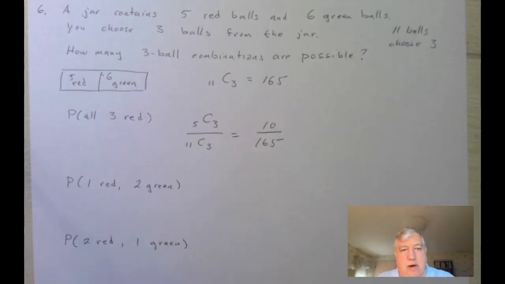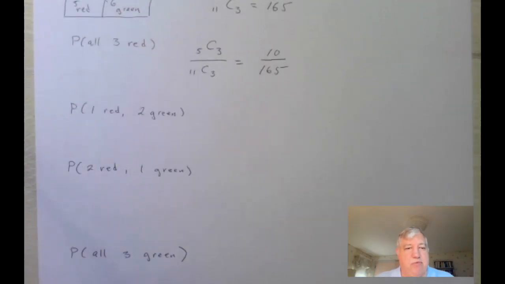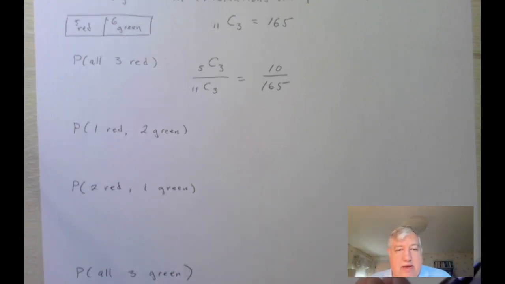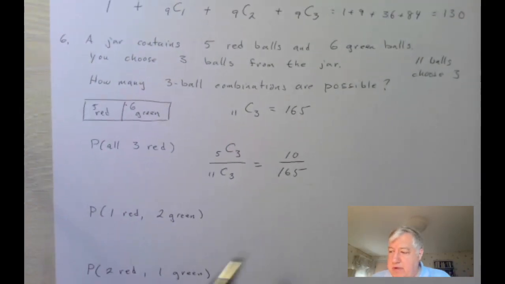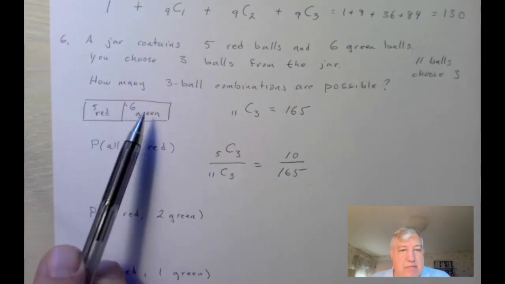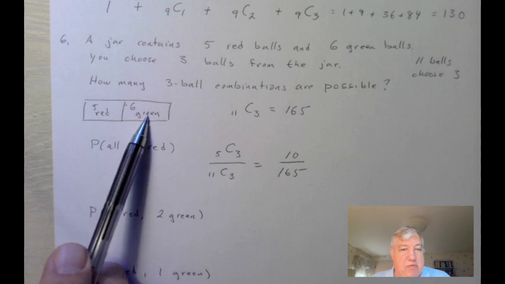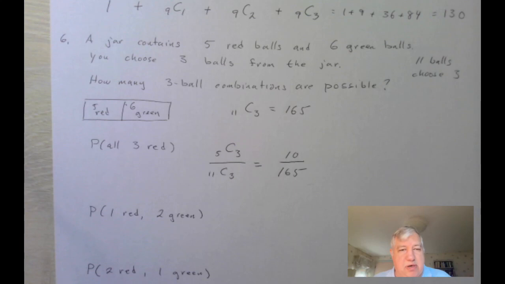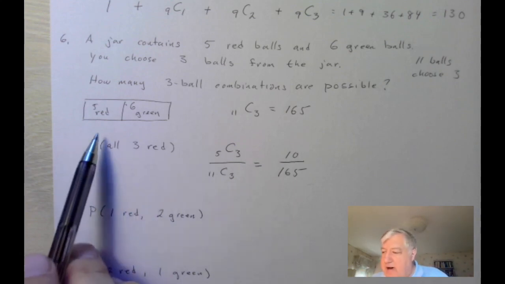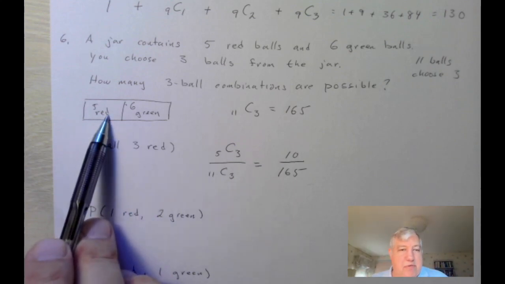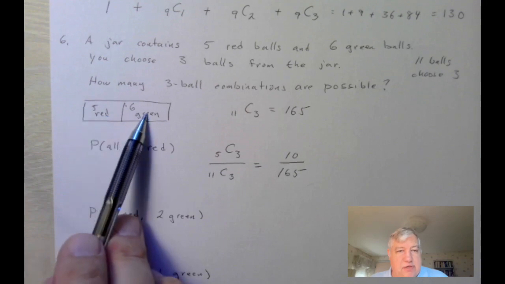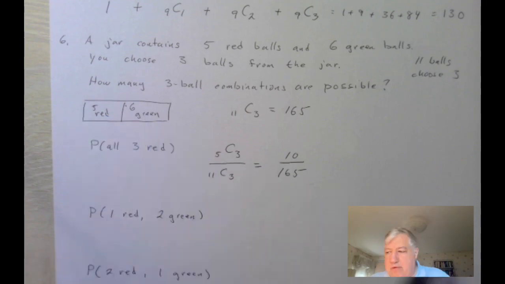All right, let's skip down here and talk about the probability of getting 2 red and 1 green. If I asked you for 2 red and 1 green, you pick 2 red from here and pick 1 green from here. So we're actually doing 2 subtasks, right? There are 5 choose 2 ways to pick 2 red balls, and 6 choose 1 ways to pick the green ball.